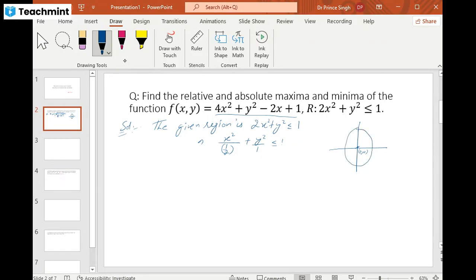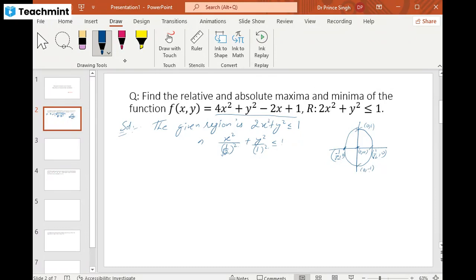This is an ellipse where it is x square upon (1 by root 2) square and y square upon 1 square. So its x-intercepts are minus 1 by root 2, 0 and 1 by root 2, 0, and this is the point 0, 1 and this is the point 0, minus 1. So this is the region.